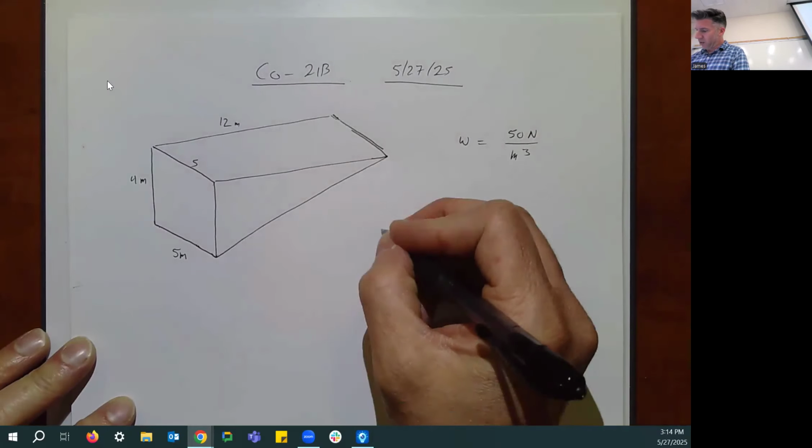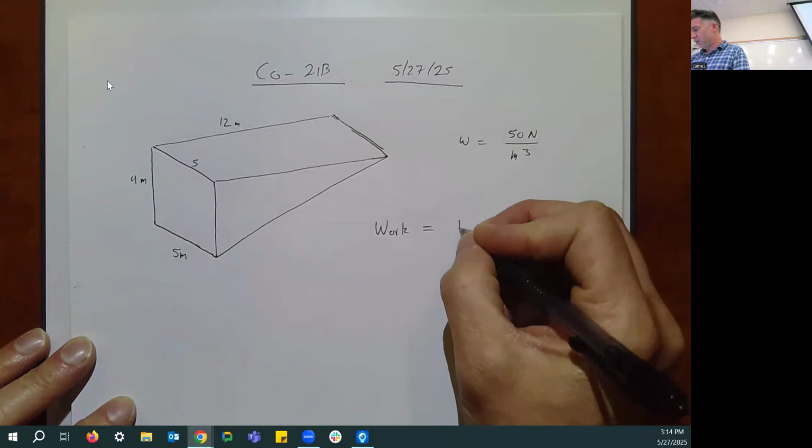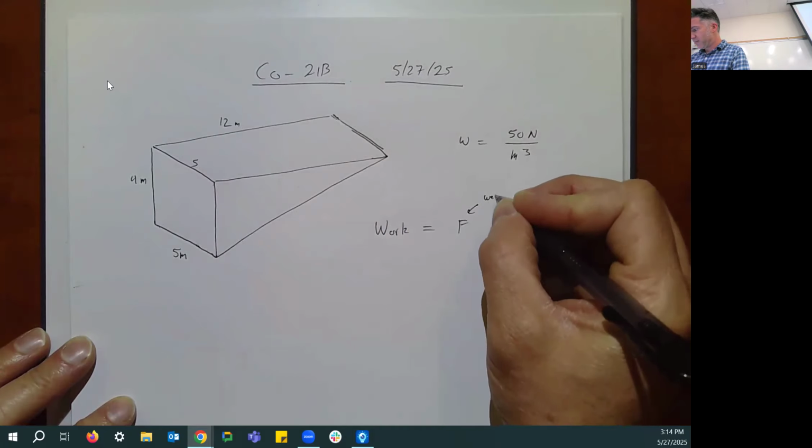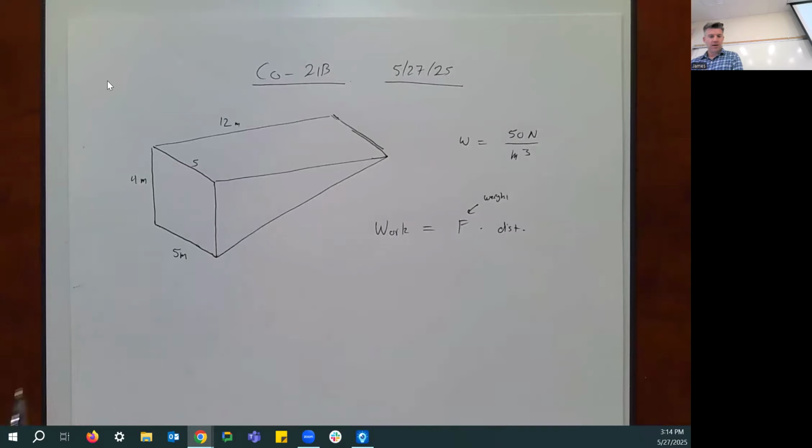so we're going to calculate work. In general, work is force, aka weight, times distance traveled. And there's lots of ways to think about setting this up. I usually like to think of moving up as increasing my y value.